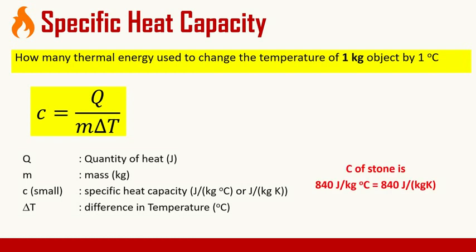If you have the unit in joule per kilogram degree Celsius, it's actually the same as joule per kilogram Kelvin. So you don't need to convert because they are the same. This is the equation if you want to find the Q: Q equals m c delta T. To make it easier, remember, if it is specific heat capacity, Q equals m c delta T, my cat.